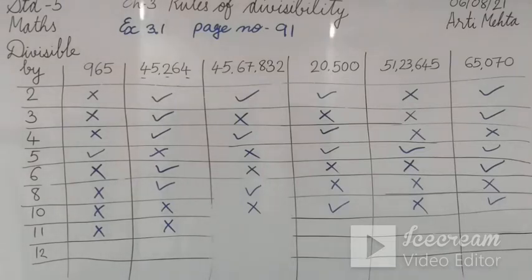Understood? Odd places का count करना है, then even places का count करना है. Okay, sir?